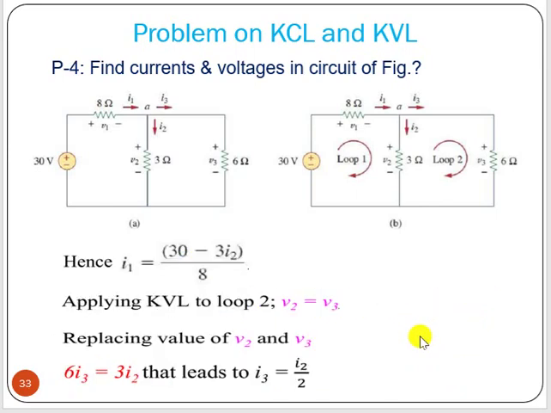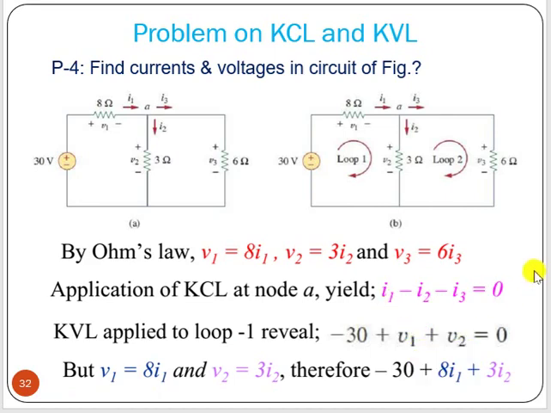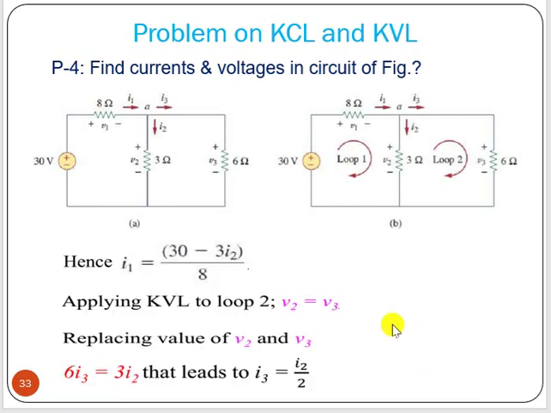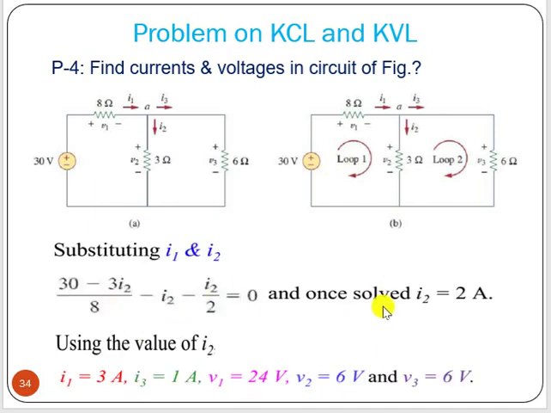In the equation I1 minus I2 minus I3 equals 0, I1 we got in terms of I2 and I3 we got in terms of I2. Solving it, we get I2. Then using the value of I2, we can find I1, V1, V2, all these parameters.